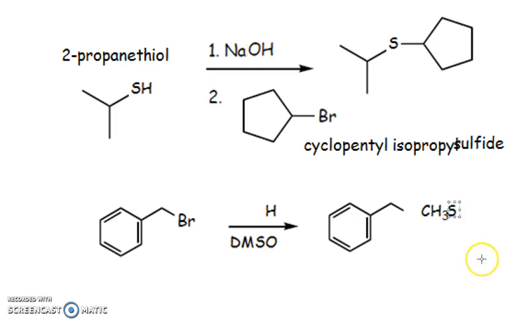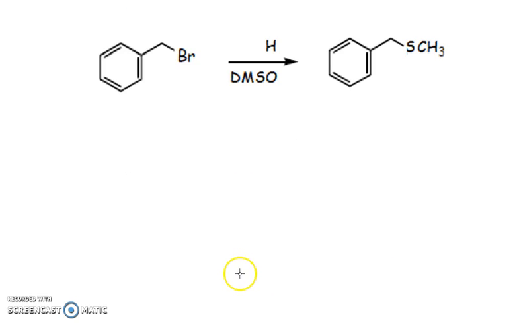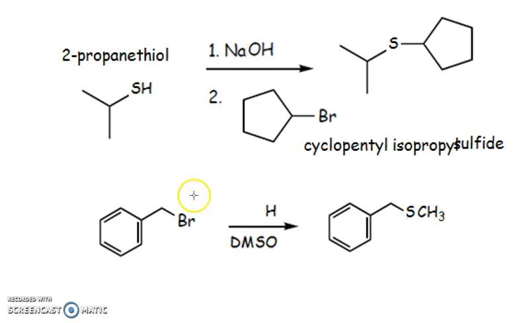I'm going to move the sulfur over to right here, with the methyl attached to it. Notice you have to make sure that you get the right atom doing the nucleophilic attack. The sulfur is the nucleophilic atom. But you know what, I'm done here.